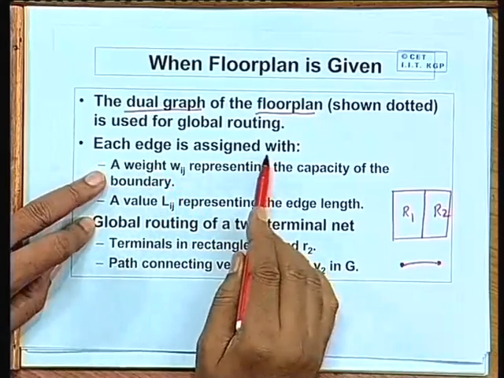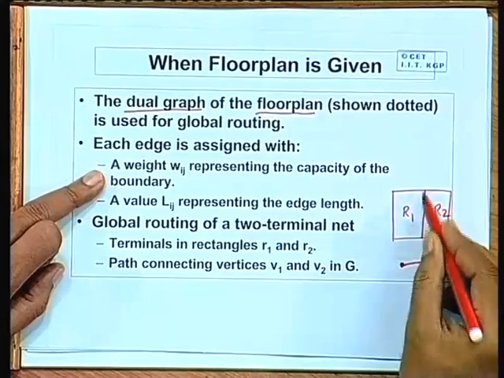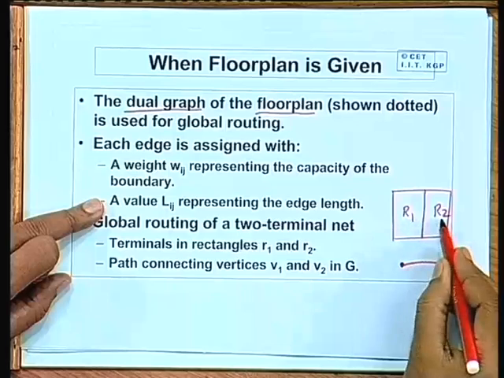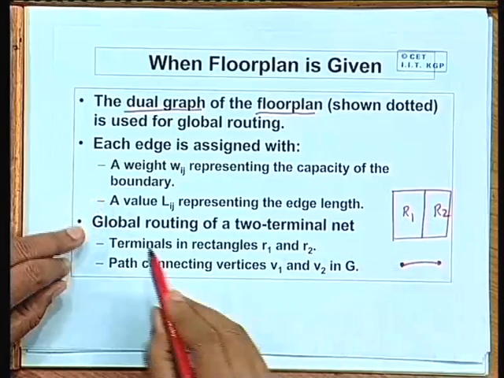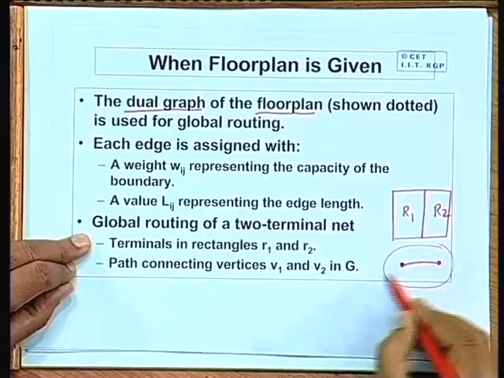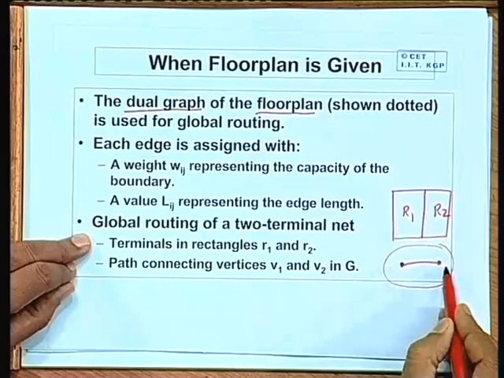So each edge is assigned a weight which indicates the capacity of the boundary and a value Lij indicating its length. These are estimates. So for global routing, you will be having a graph like this. You will have to find a path between two vertices.